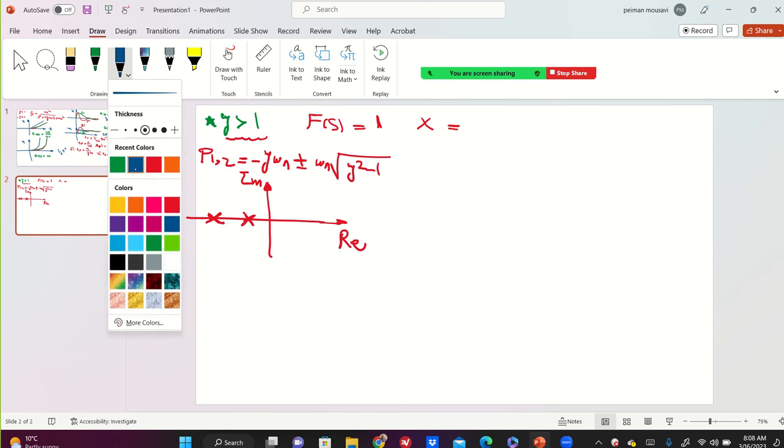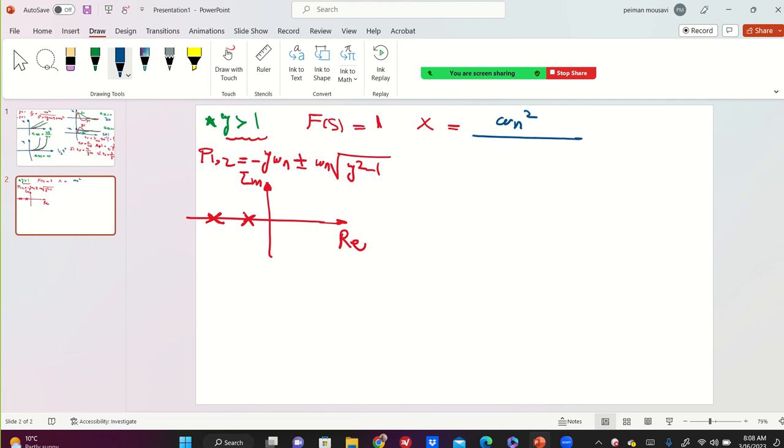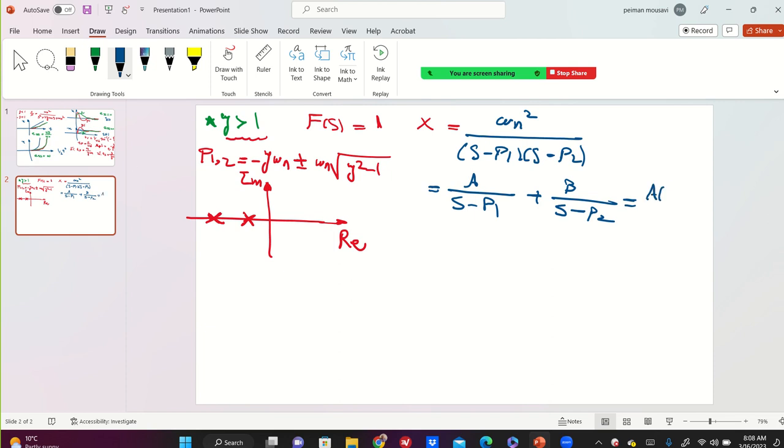So your X is going to be omega n squared over s minus p1 times s minus p2, because F of s is 1, and this equals A over s minus p1 plus B over s minus p2. Obviously this is A times s minus p2 plus B times s minus p1 over s minus p1 times s minus p2.